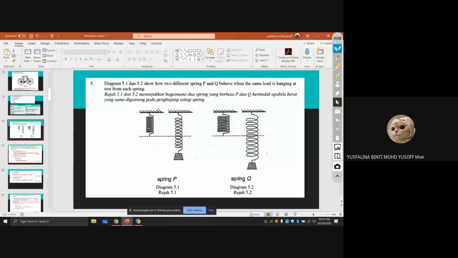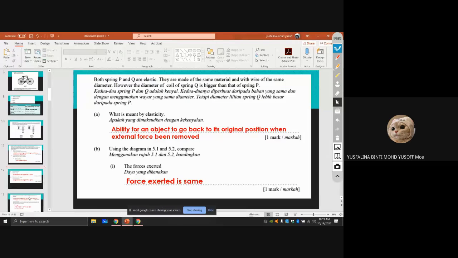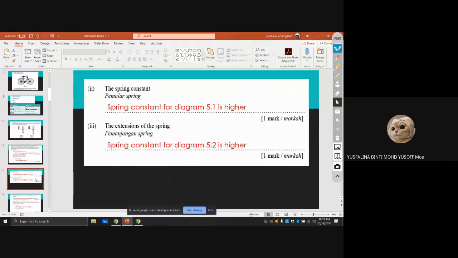Why? Because of the small diameter of the coil here, which is much smaller. So you have to know the smaller the diameter of the coil, the higher the spring constant. So it becomes more stiff.